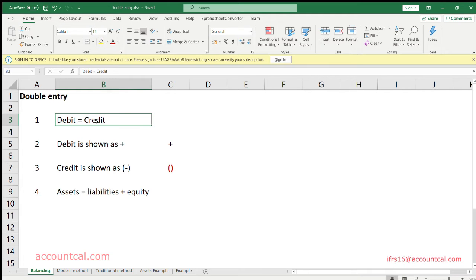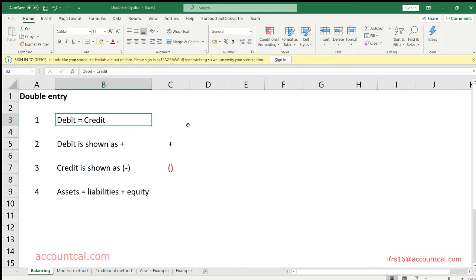So you have to remember that the total of all debits of that particular entry and the total of all credits of that particular double entry should be equal. For example, if debit is 1000, credit has to be 1000. If debit is 4000, credit has to be 4000.